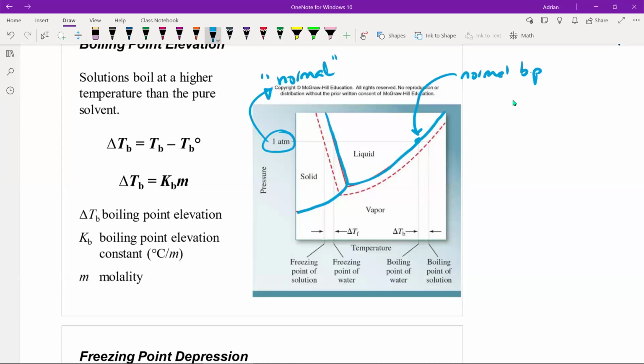And then the normal freezing point, in this case water, is the temperature at 1 atmosphere at which it goes from a liquid to a solid. All right, so that's this region here.